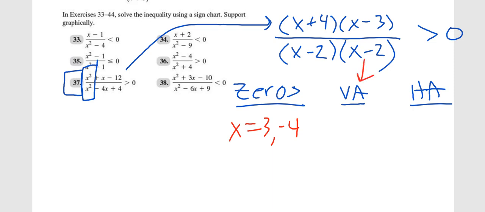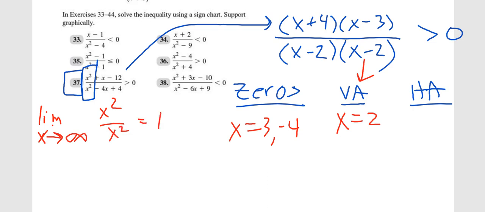Okay, what'd you get for the vertical asymptotes? X equals 2, there's only one of them. Okay, how about the horizontal asymptote? How'd you get it? You took the limit as x goes to positive infinity of x squared over x squared. I remember him saying that. Yes, take the limit.